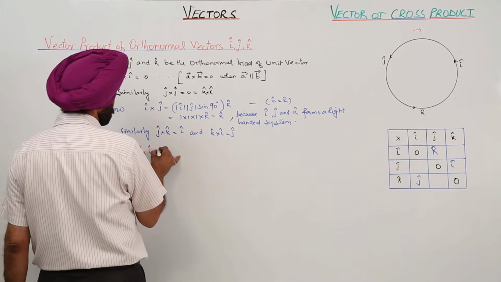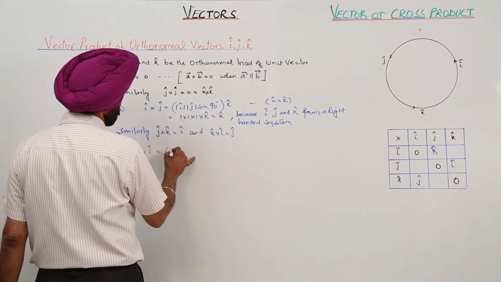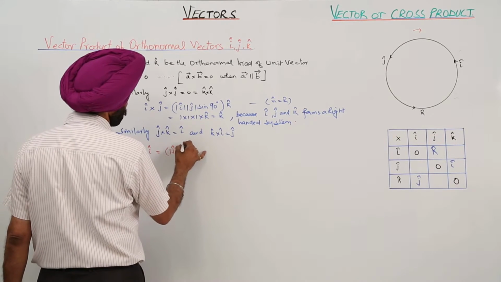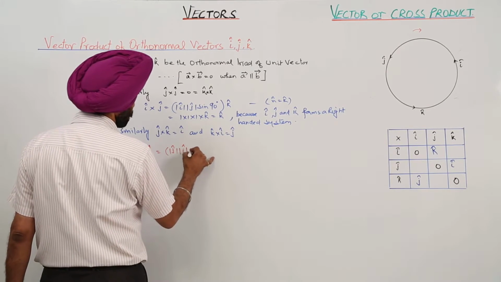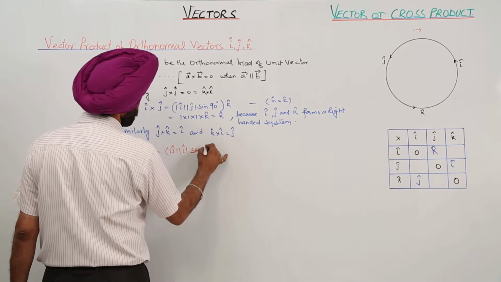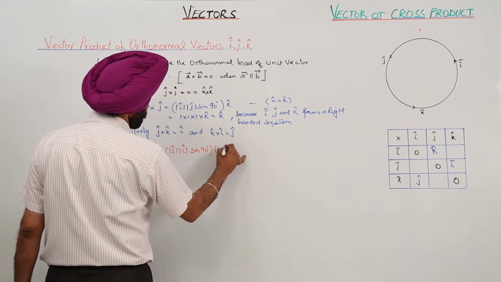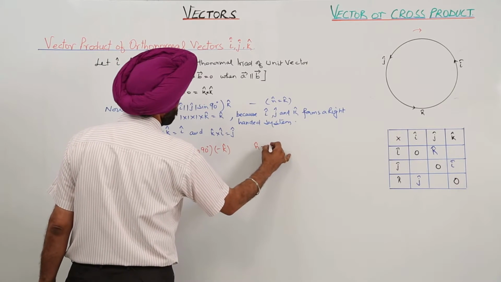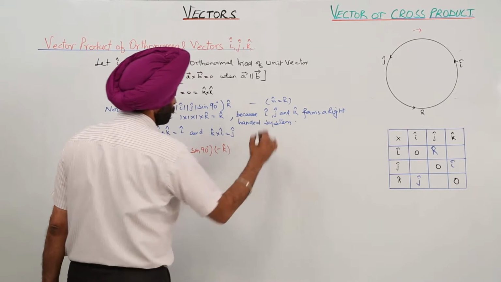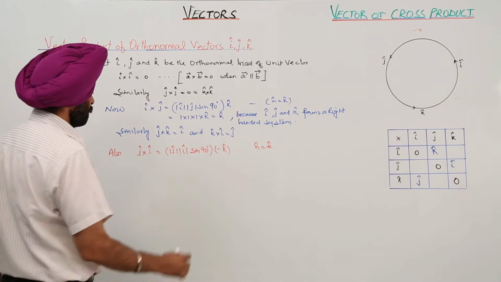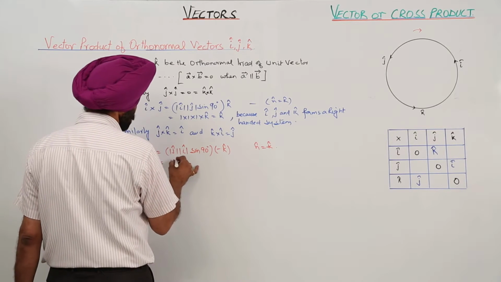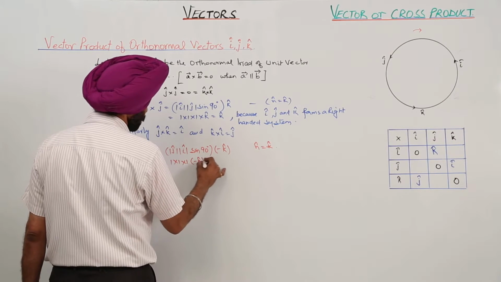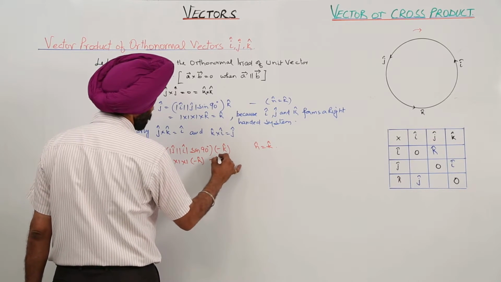So this becomes magnitude of j cap, magnitude of i cap, then sine 90 degree with negative of k cap. Okay, n cap is equal to negative of k cap. 1 times 1 times 1 with negative of k cap, and this is equal to negative of k cap.